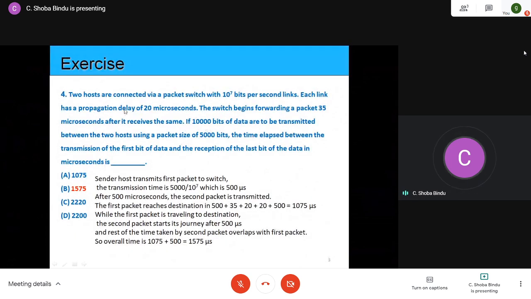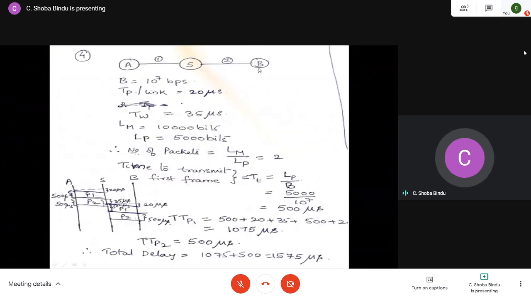So here I'll just have a look at this. The propagation delay is 20 microseconds, and this is the bandwidth, and this is the size of the packet, and there is a waiting delay of 35 microseconds at the packet switch. When you diagrammatically represent these two hosts and the packet switch, this is how you are going to represent that.